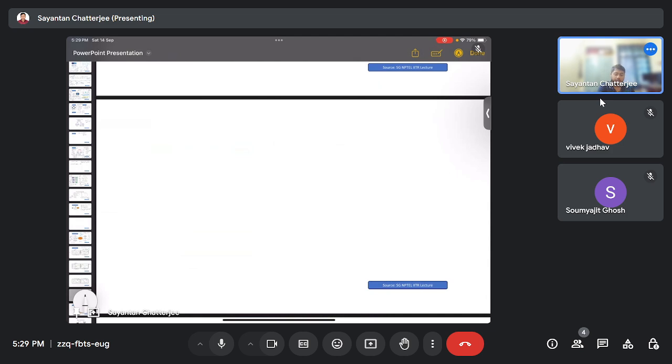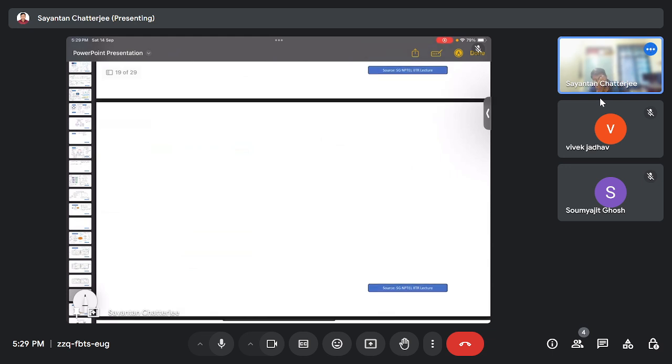So overall, as a result, it can be observed that there is an overall reduction of the peak loading scenario, because we are trying to reduce the peak.